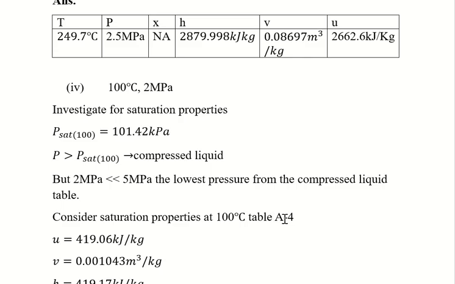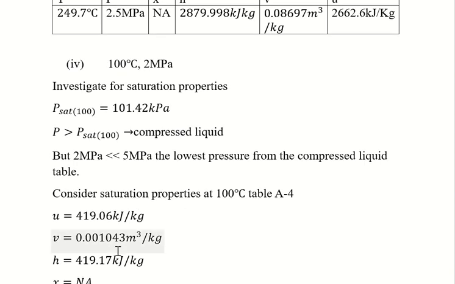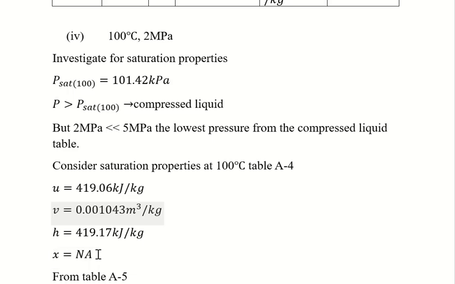So I want to go over it again. 2 megapascals is less than 5 megapascals, which is the lowest pressure from the compressed liquid table. Therefore, we're going to consider the saturation properties of water at 100 degrees Celsius from table A4. And that's how we got these properties here. And the quality concept is not applicable because we're talking about a compressed liquid.